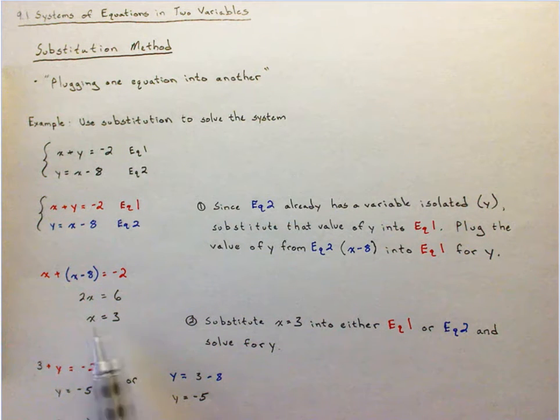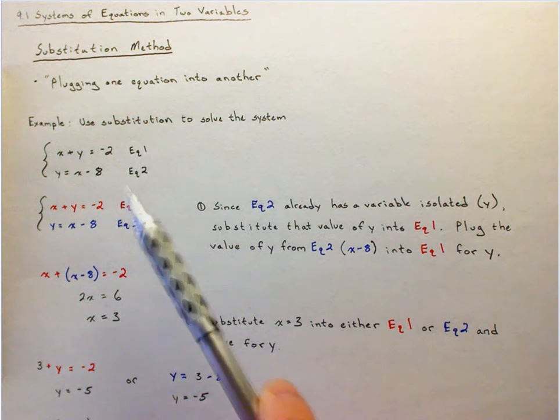Then I take x equals 3 and plug it into either equation 1 or equation 2, and solve for the value of y. For equation 1, I ended up with y equals a negative 5. Equation 2, I ended up with y equals a negative 5. I should end up with the same value for both of them. My coordinate is 3, negative 5.